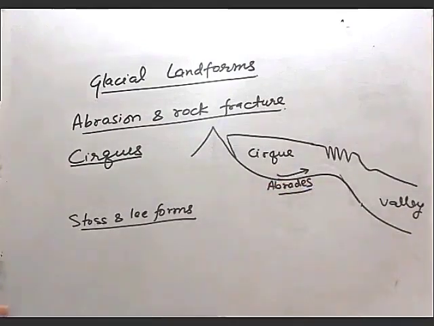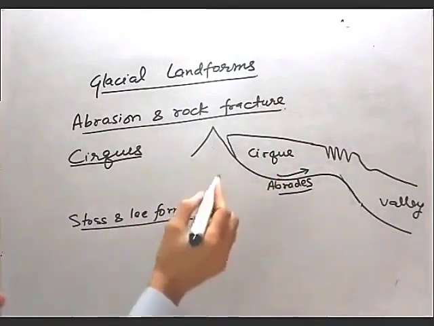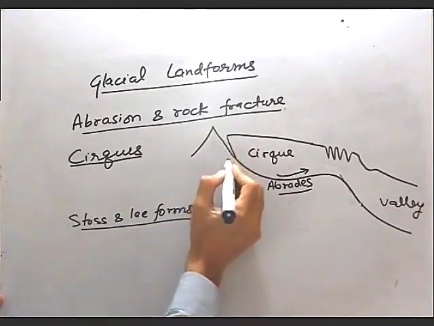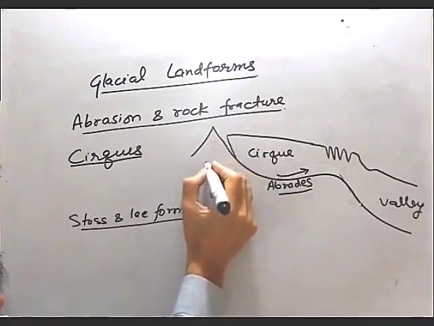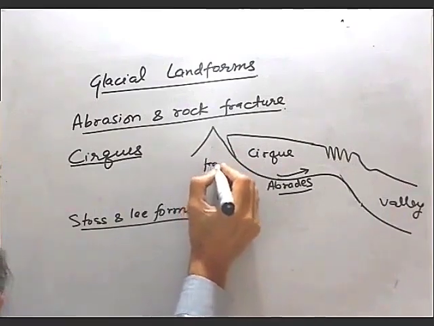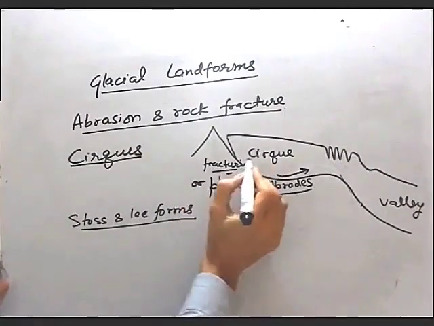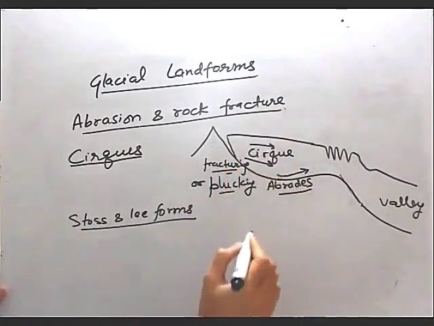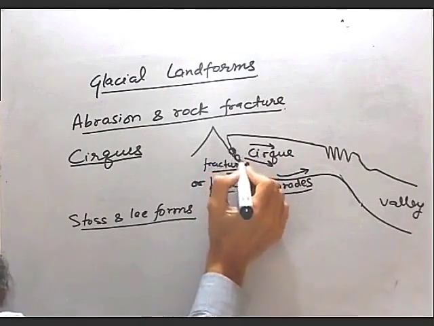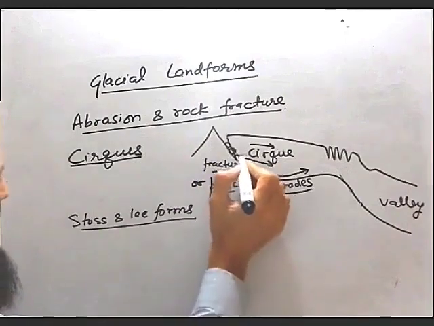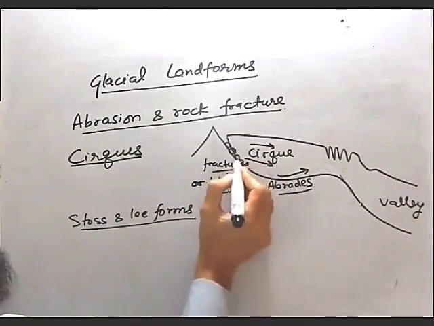The process taking place at the bottom is abrasion, and the process taking place on the sides or the head of the cirque is fracturing and plucking, because the ice is moving outward, downwards, and this will quarry or pluck the loose rock that has been weathered by frost action.